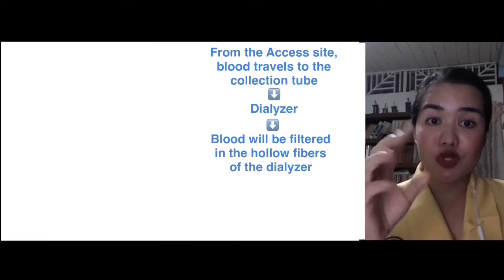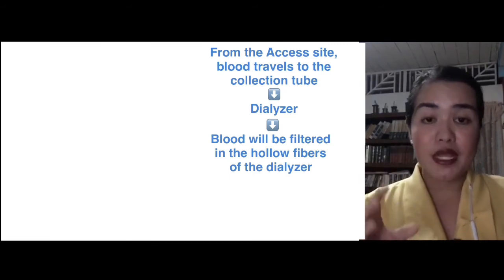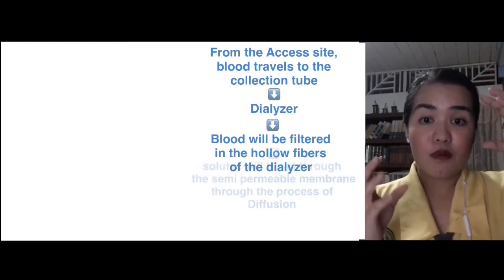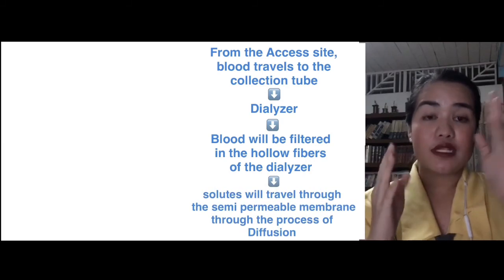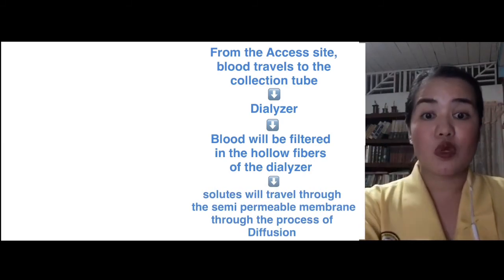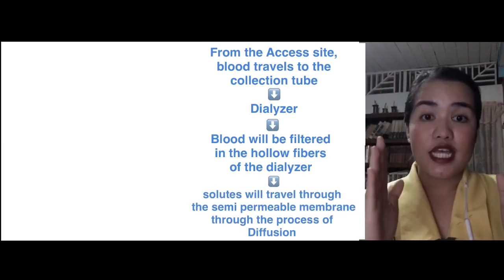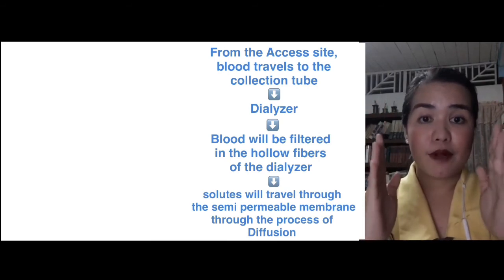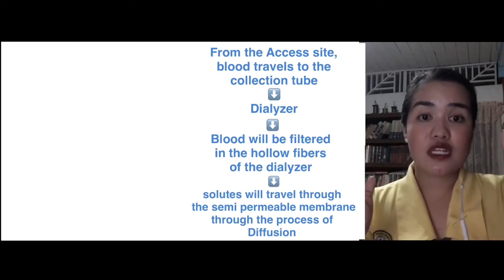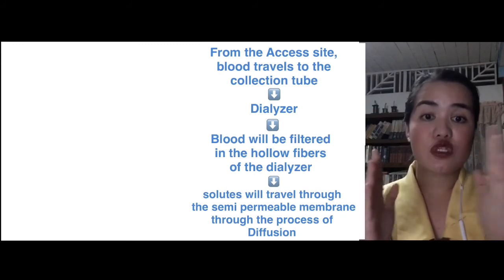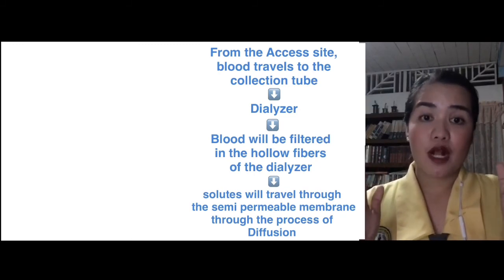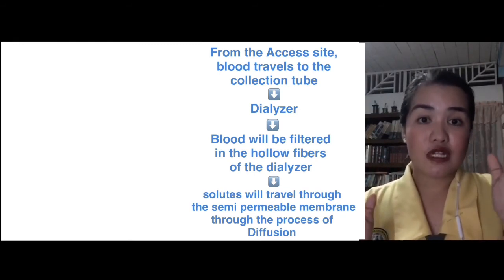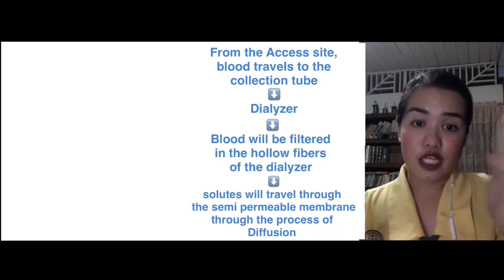And with the process of diffusion, the small molecules, the toxins, will travel through the small pores of the walls of the dialyzer that serves as a semi-permeable membrane. It only allows the toxins and water molecules to pass through it through the process of diffusion and ultrafiltration in the case of water molecules.